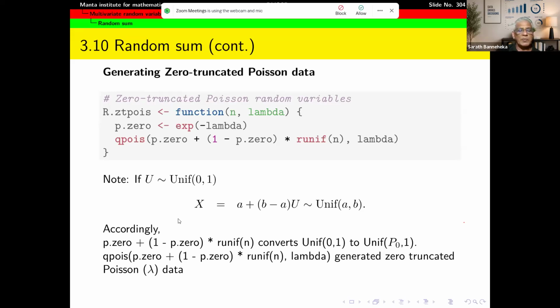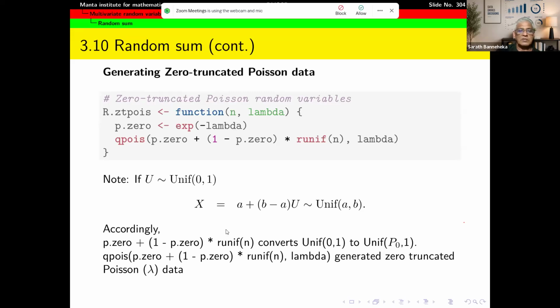So I apply this transformation so that a will be P0 and b will be equal to 1. My transformation will be P0 plus 1 minus P0 times U. So I use this command here, first of all this inside part: P0 plus 1 minus P0 times runif(N), where runif(N) gives you N random numbers from 0 to 1, these capital U's.